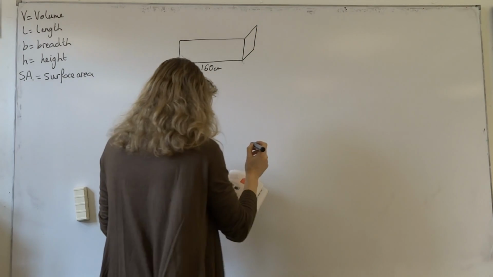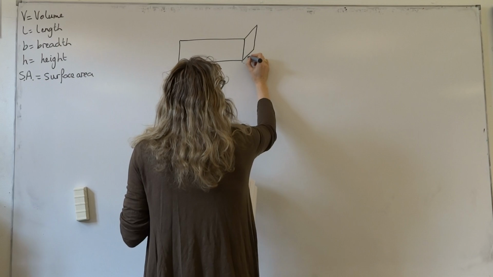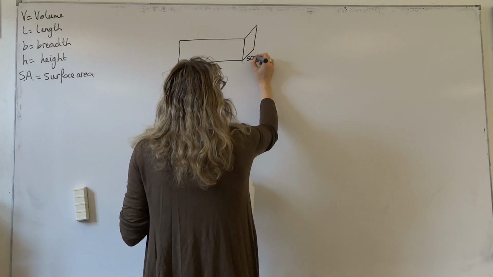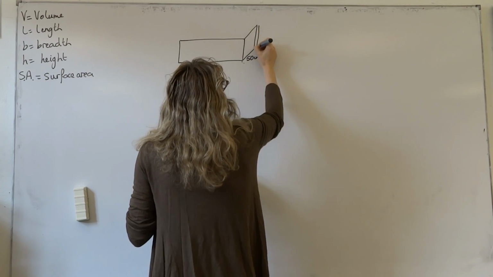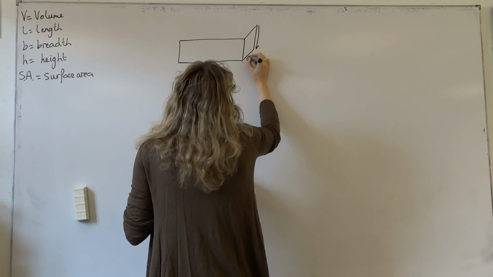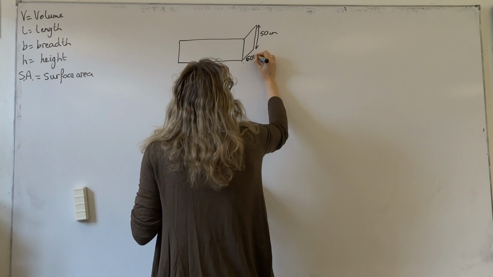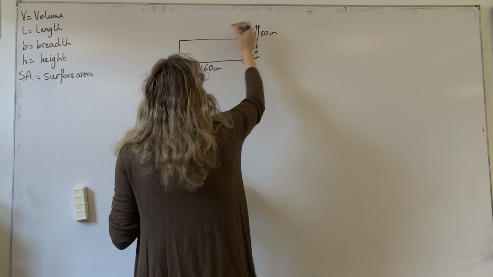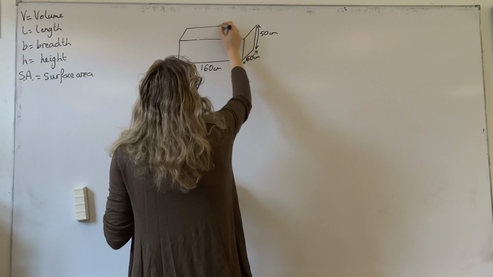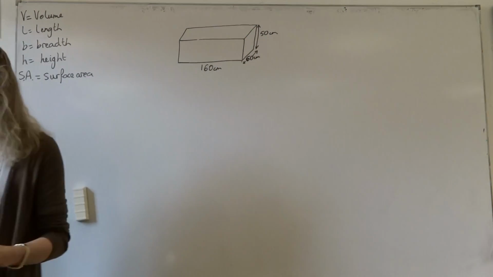It doesn't actually tell us which is the height and which is the breadth, so we'll say that the breadth is 60 and the height is 50 centimetres. It doesn't really matter which. And they'd like to know how many litres of water our aquarium will need to be filled.